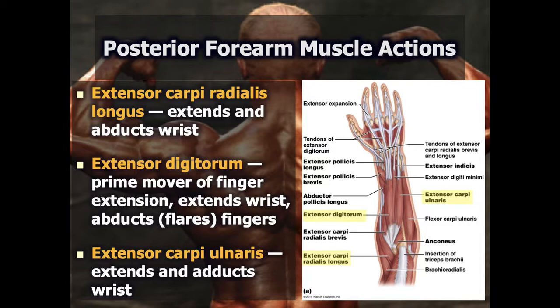So, extensor carpi radialis on your thumb side, he's going to extend and abduct, pulling that direction. Extensor carpi ulnaris extends and adducts, pulls towards the pinky. And the extensor digitorum is the prime mover of finger extension. So extending your fingers, it also extends wrists and flares the fingers. Okay, so it's all done with that guy right there. Okay? Questions?